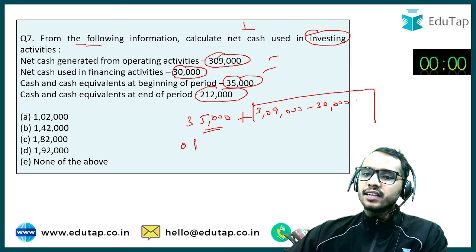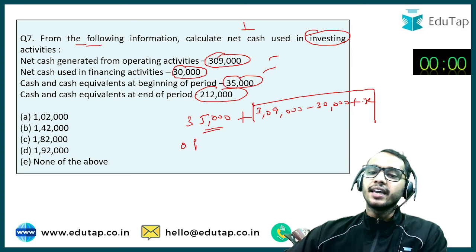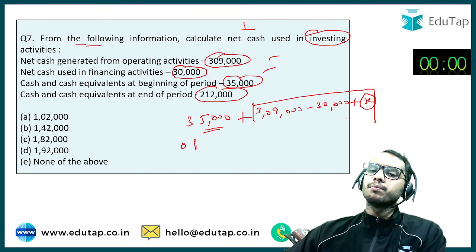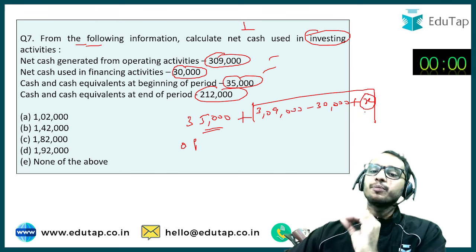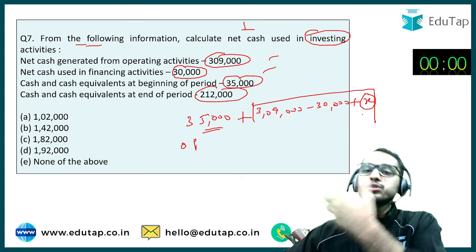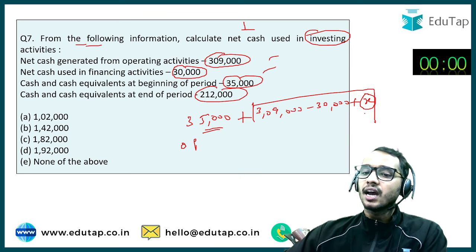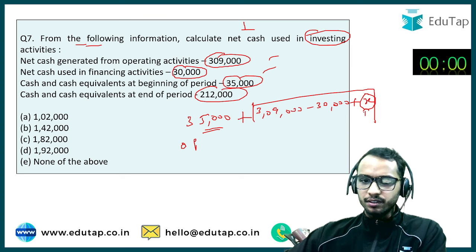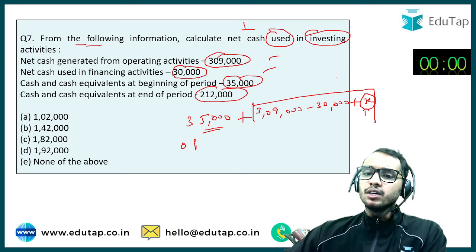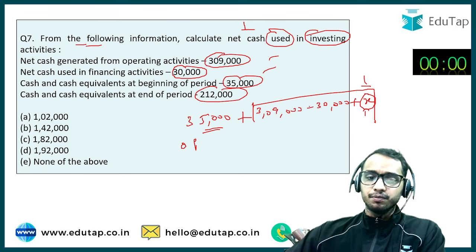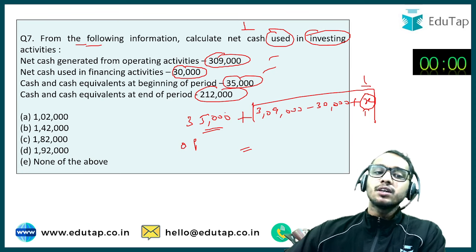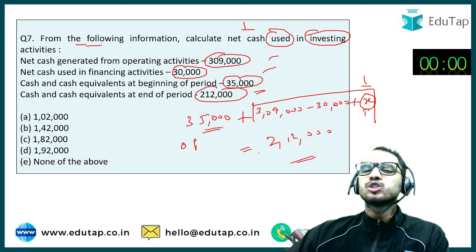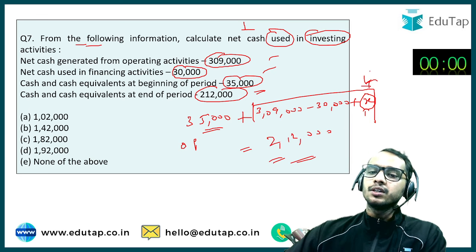So let's take the investing activities as X. If this amount comes out negative, that means you have used cash in the investing activities. And if it comes out positive, then you have generated cash out of investing activities. But the question is asking about used, so most probably it will come out negative. And it will become equal to the closing cash and cash equivalent, that is 2,12,000. So you will solve this and you will have the answer for X.